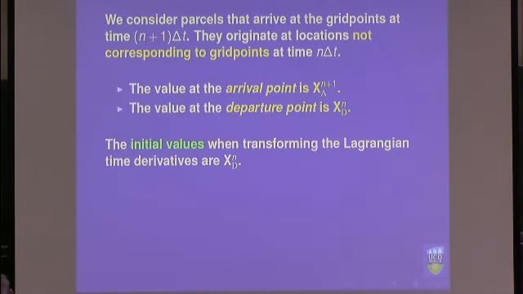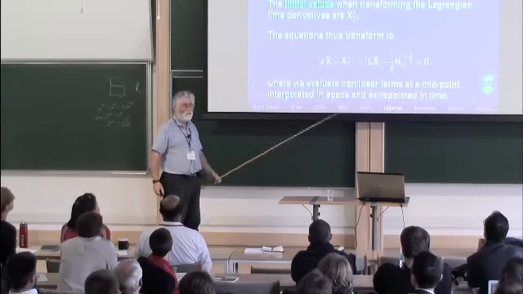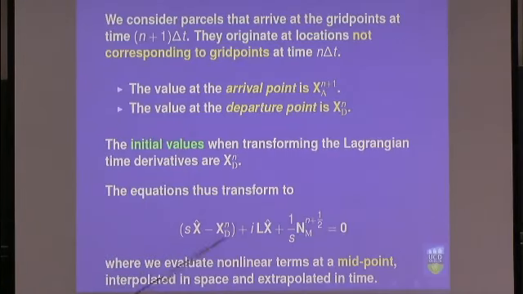Okay, so let's see how it works. Believe me, I'm being kind to you, skipping all the details. So there's the transform of the equation. And what you see here, this part comes from the Lagrangian derivative. You get s times the transform of the state vector minus the initial value, but at the departure point.